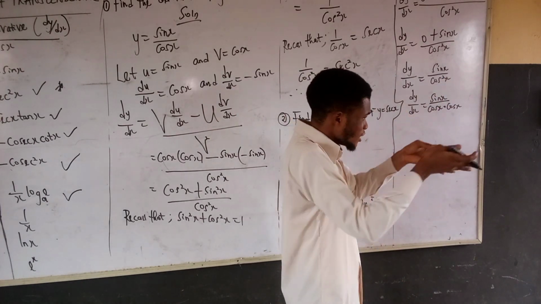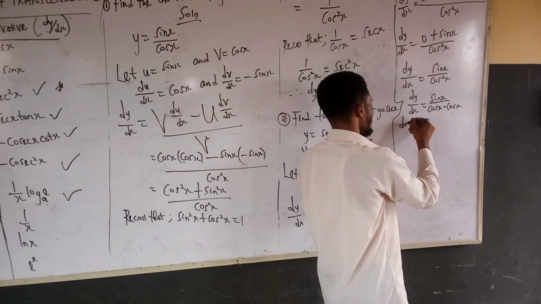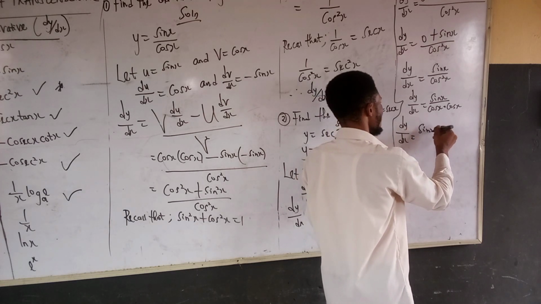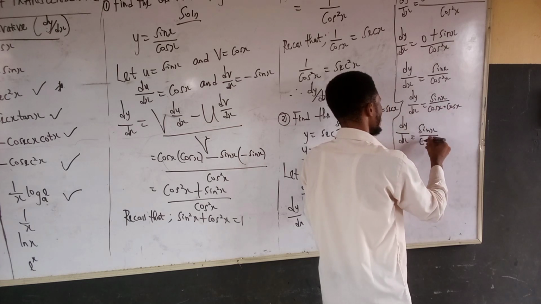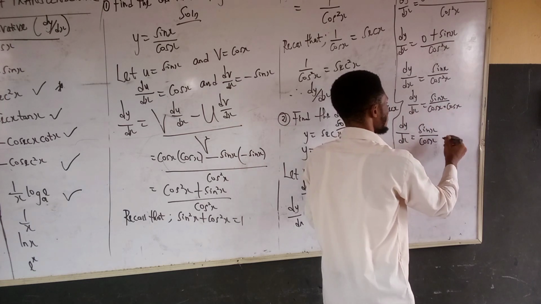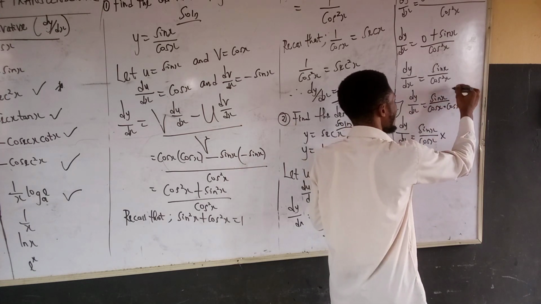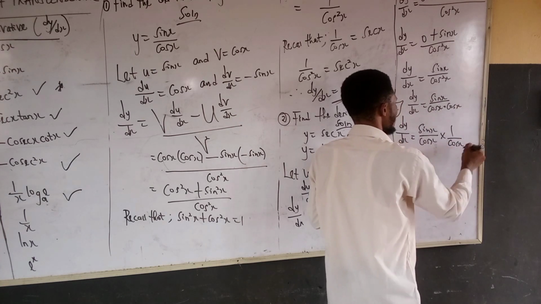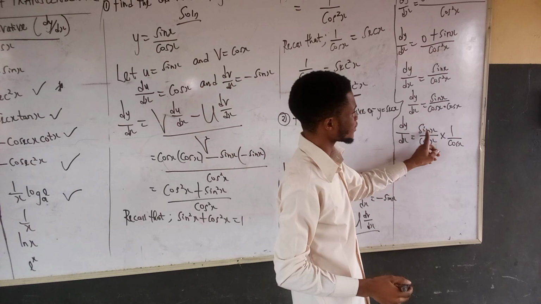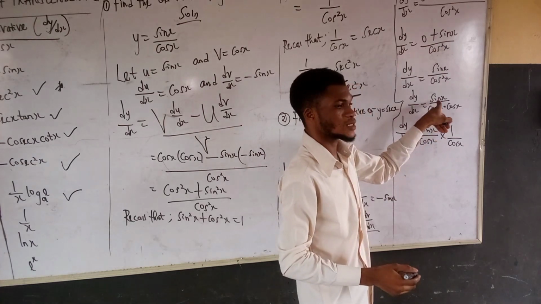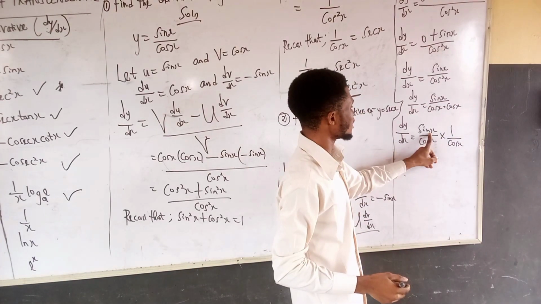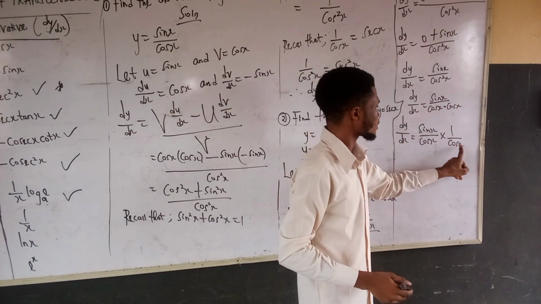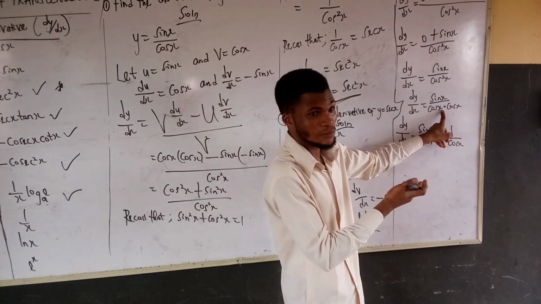When I separate it a little further, I will have dy/dx equal to sin x over cos x, times 1 over cos x, such that if I multiply them back, I still have the same expression. Let's confirm: sin x times 1 is sin x, cos x times cos x is cos square x. So it's returning back to the previous step.